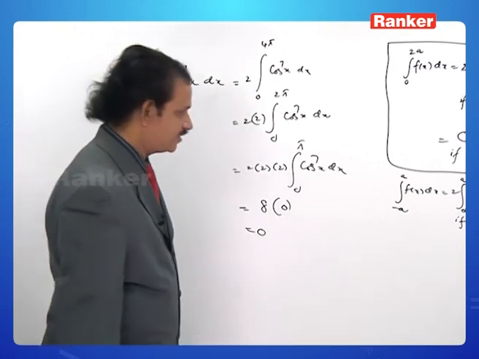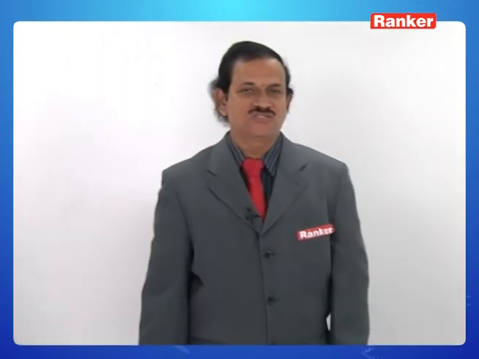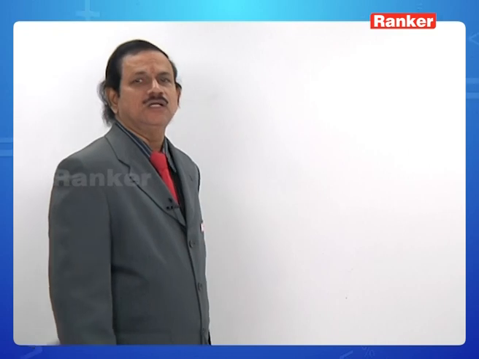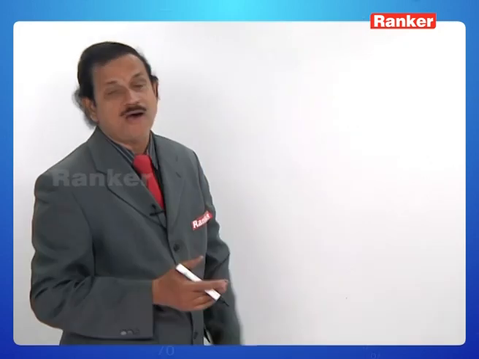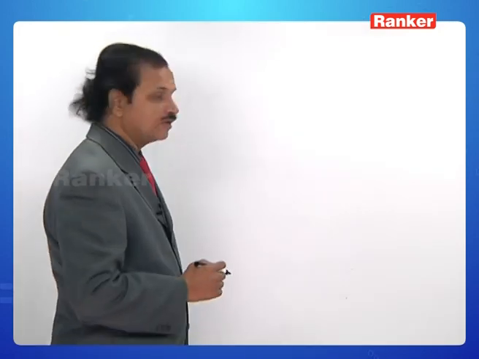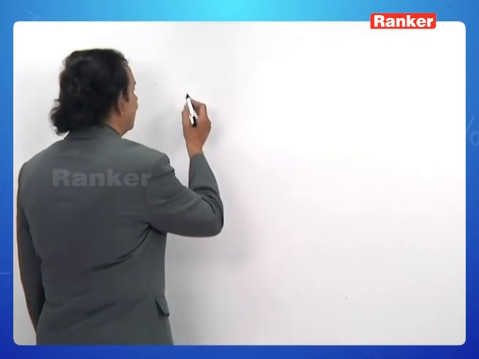Okay, right. There are some more standard results which we come across in our way of solving so many numerical problems, and those standard results can be used as formulae also. Let me bring to your notice some of them.